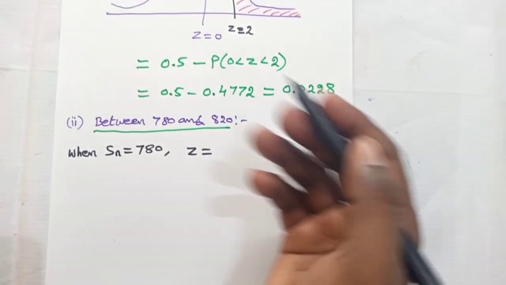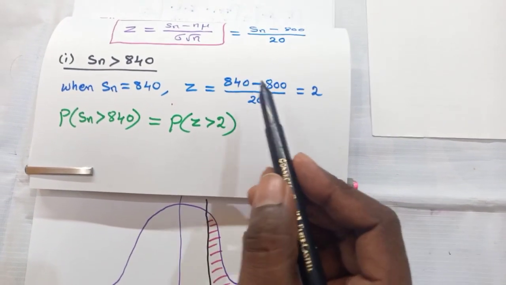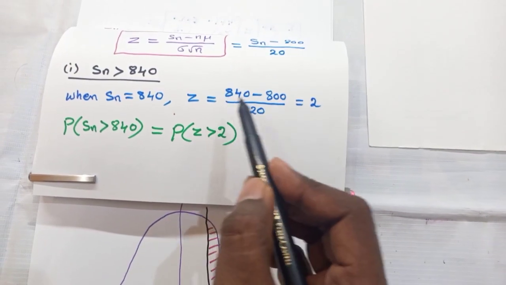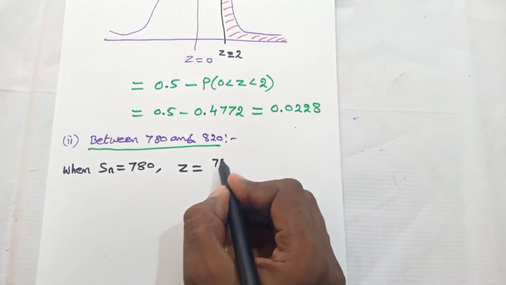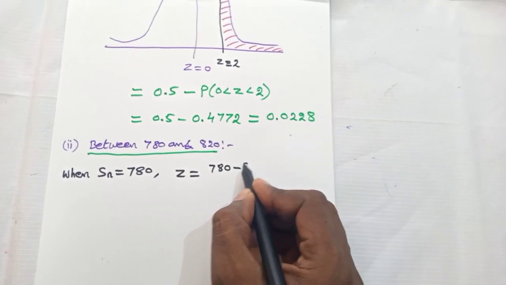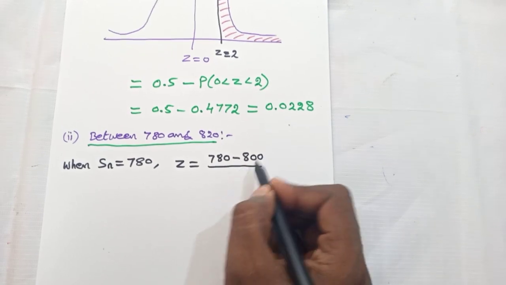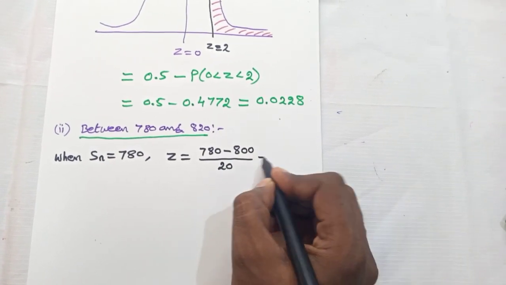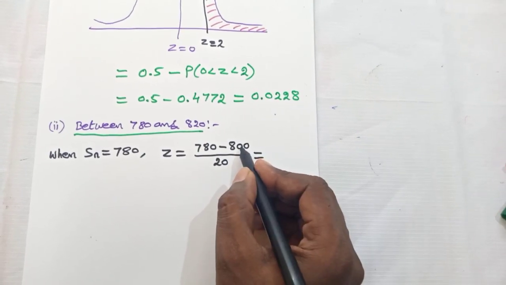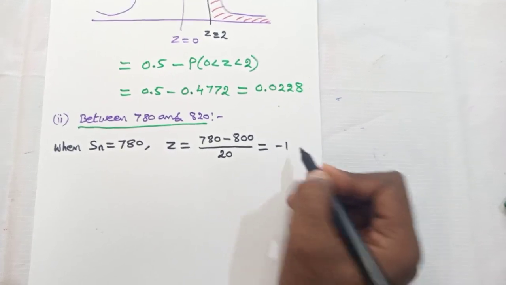Already we wrote the formula: Z equals Sn minus mu divided by sigma root n, where sigma root n is 20. Already we found this. So 780 minus 800 is minus 20, and minus 20 by 20 is minus 1.